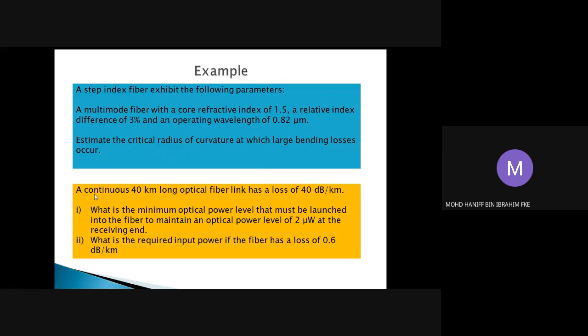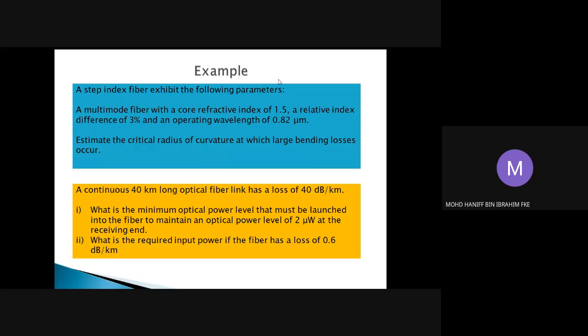This is about the application of the attenuation coefficient alpha calculation, based on the equation. Number 2 is the required input power if the fiber has a loss of 0.6 dB per kilometer. This next question is more towards the application of the alpha equation. We are going to see the solution after this.